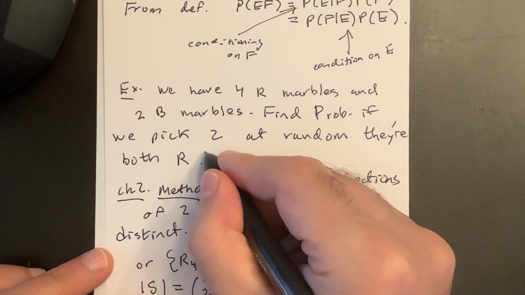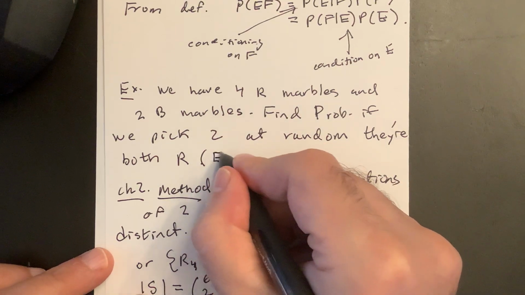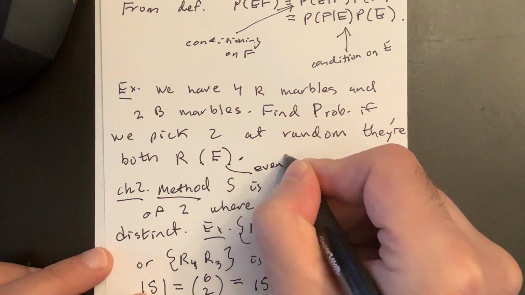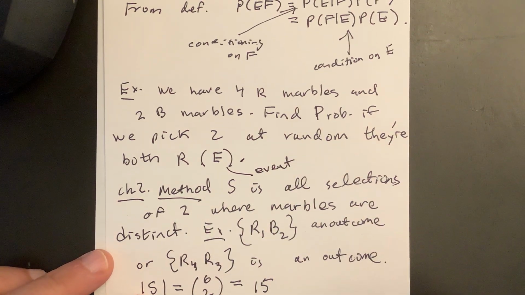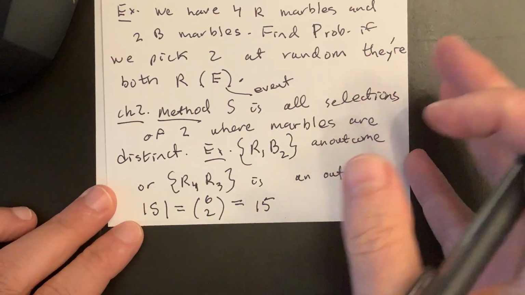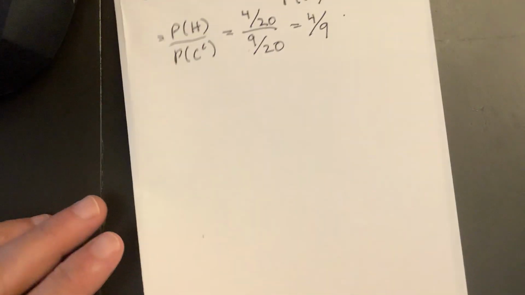So let's call this event E. All right, so we could do this then, we've seen.